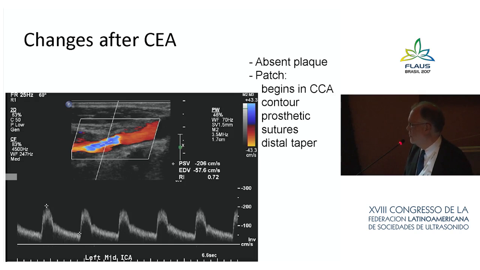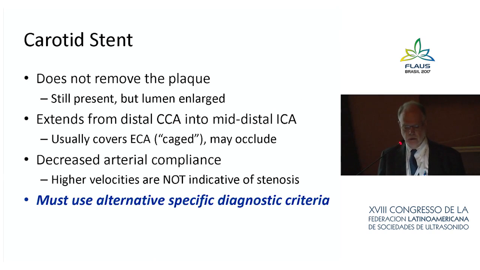And you may also see some increased velocities. Here's a very normal spectrum, moderately increased velocities, 206, just related to the contour of the end of the endarterectomy where the patch occurred. We're doing more carotid stenting today. Remember, carotid stenting does not remove the plaque. The plaque's still there. It's just squished up against the artery wall.